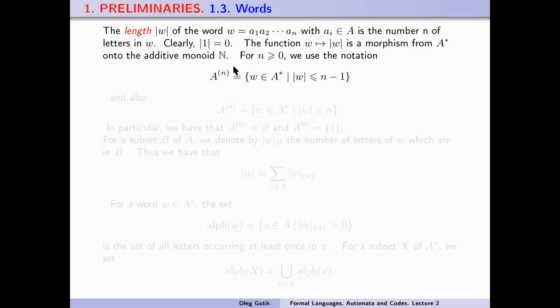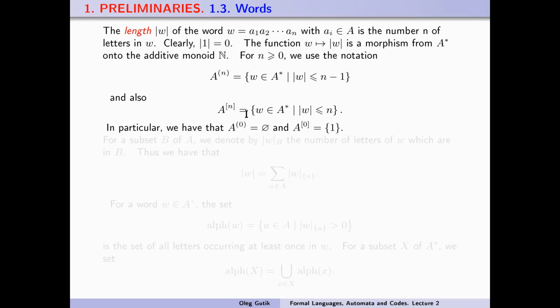S in power n consists of such words of the free monoid over A with the property that the length of these words is less than or equal to n minus 1, and by this symbol we denote all words of the free monoid with a length less than or equal to n.